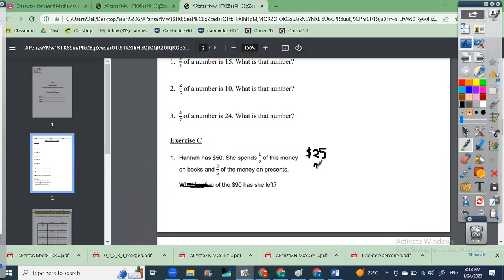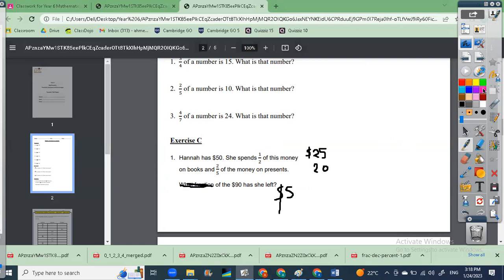So she spent $20 on presents. How much does she have left? So from 50, she spent 25 and she spent 20. So she spent 45 in all from the $50. So she has only $5 left.